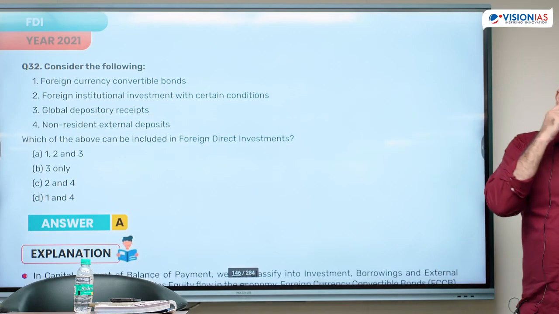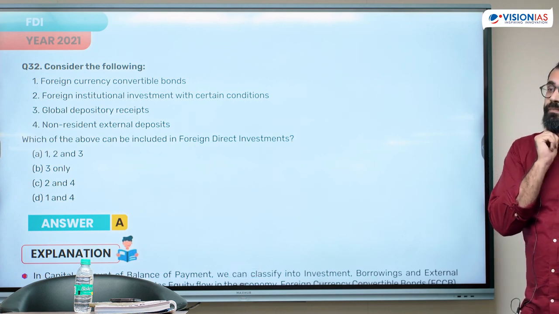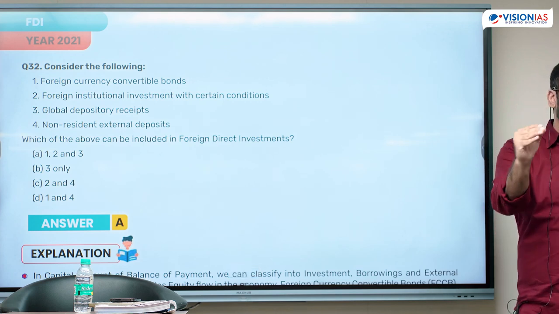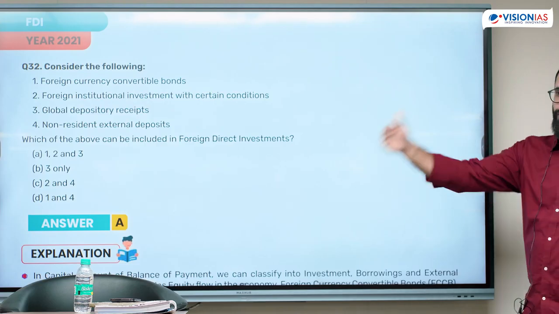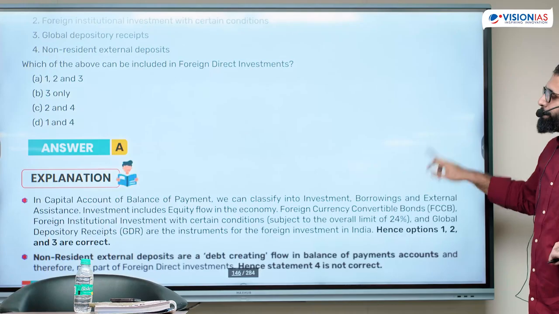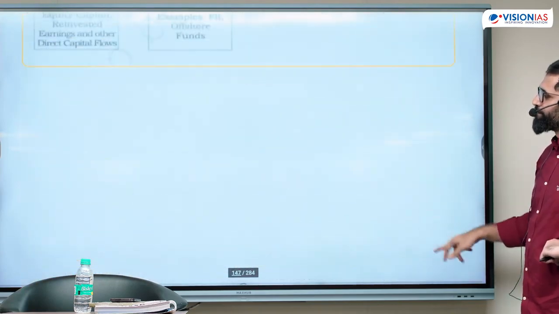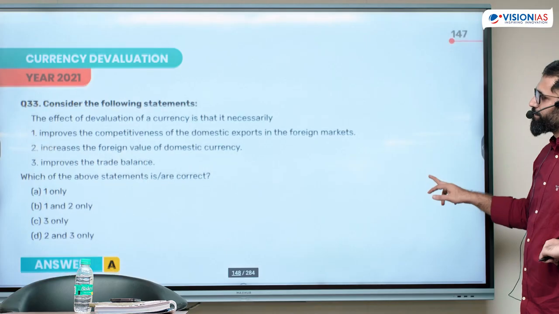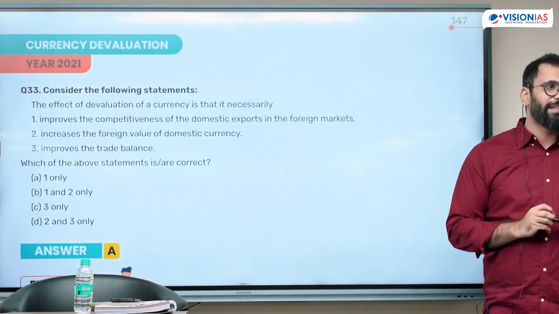Otherwise, what's the technical definition of FDI? Any investment done in an Indian company which is more than 10%. Controlling stake because we want to come for longer terms. Who gave this 10% rule? From where did this 10% rule come in?